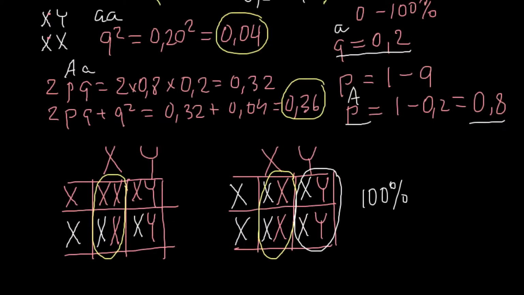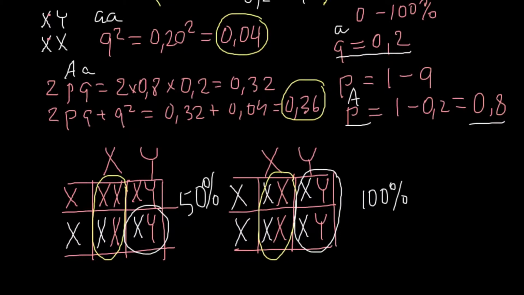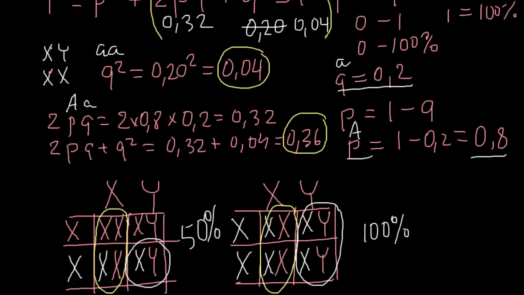And in a case when a female is heterozygous, 50% of her sons would express this genetic disorder. And by the way, if we need to give an answer as a percentage, according to these proportions here, where 1 equals 100%, this answer can be converted to percentage form.